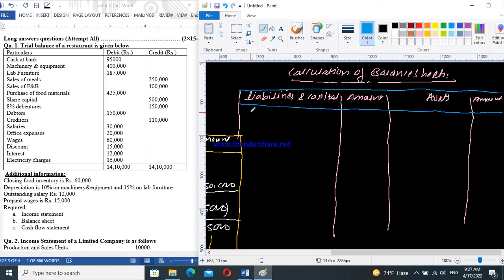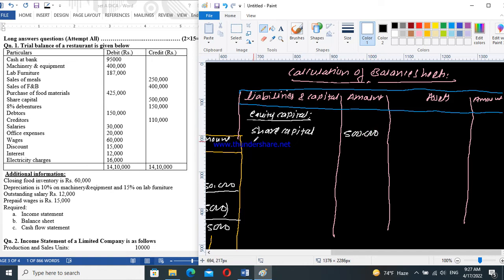Firstly, share capital. Write share capital, equity capital. The share capital amount is 5 lakh.